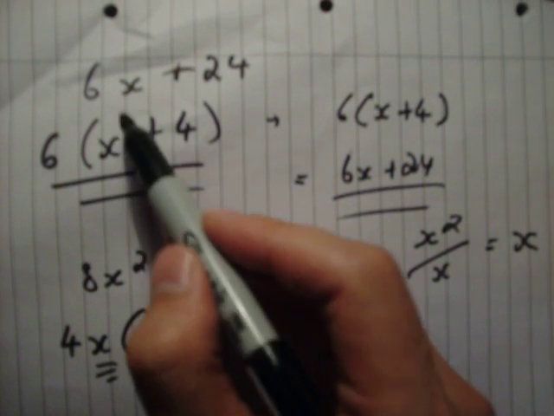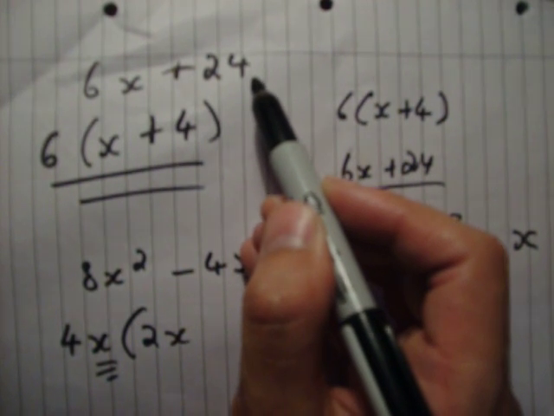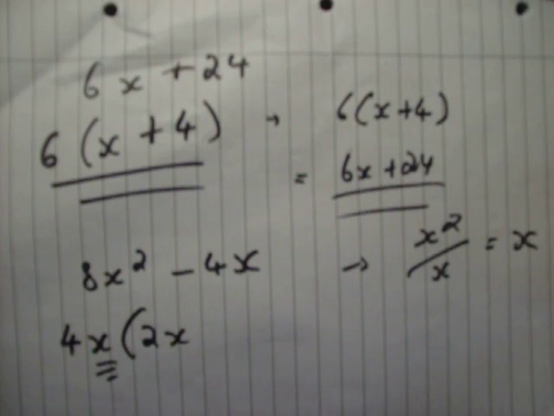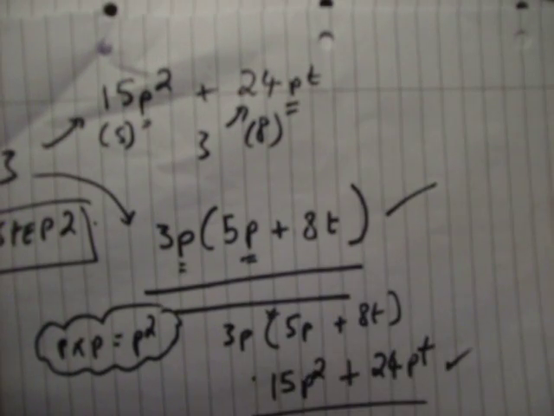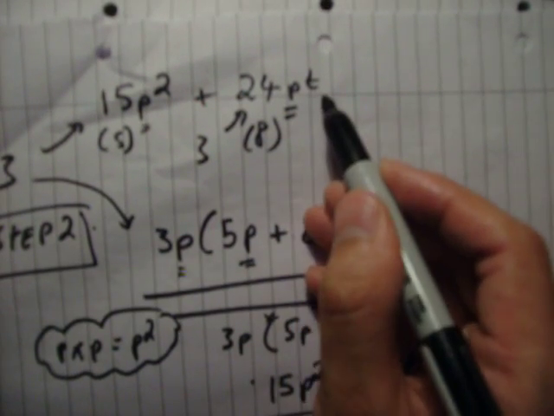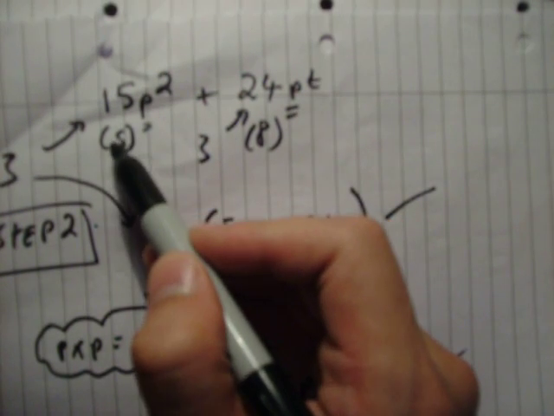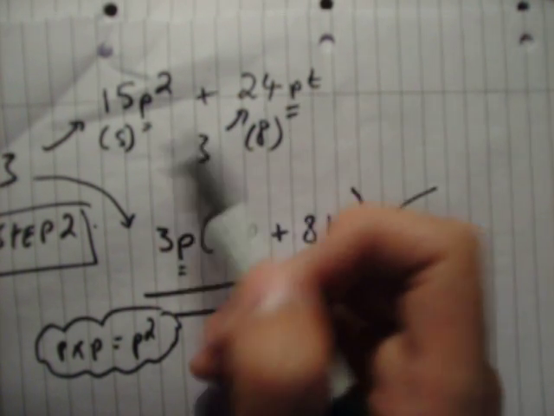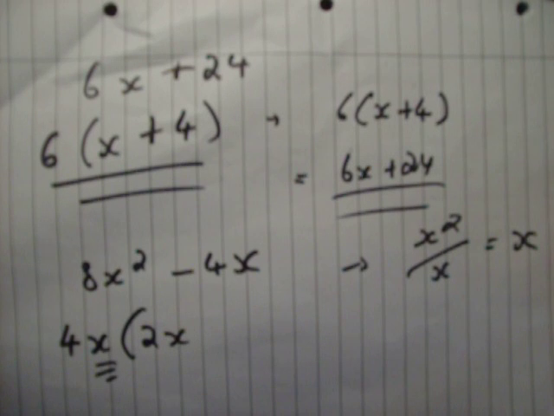Like here, this doesn't have an x, so you don't need to worry about that. For this one, there's a t there, but there's no t over there, so you don't need to borrow it. You could do, but you just use a p. So I'm making it more complicated than it should be.